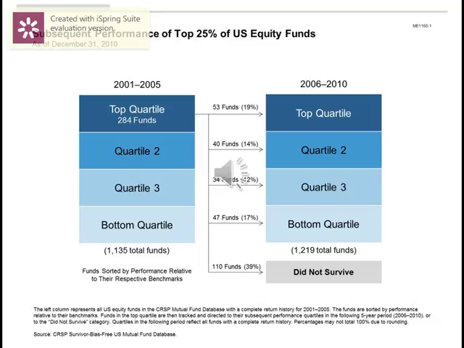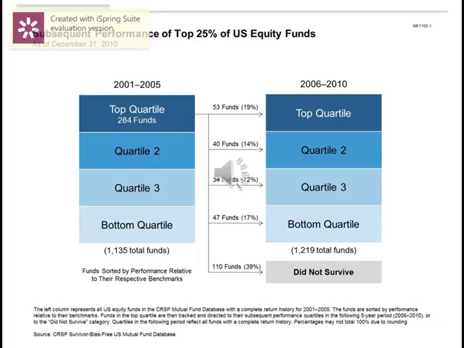As you can see, only 19% of the top quartile funds repeated their top performance in the subsequent 5-year period. Additionally, 42% of the funds dropped to the second, third, or bottom quartiles. And probably the most significant stat in this graph is that 39% of the original top quartile funds did not survive the entire sample period.